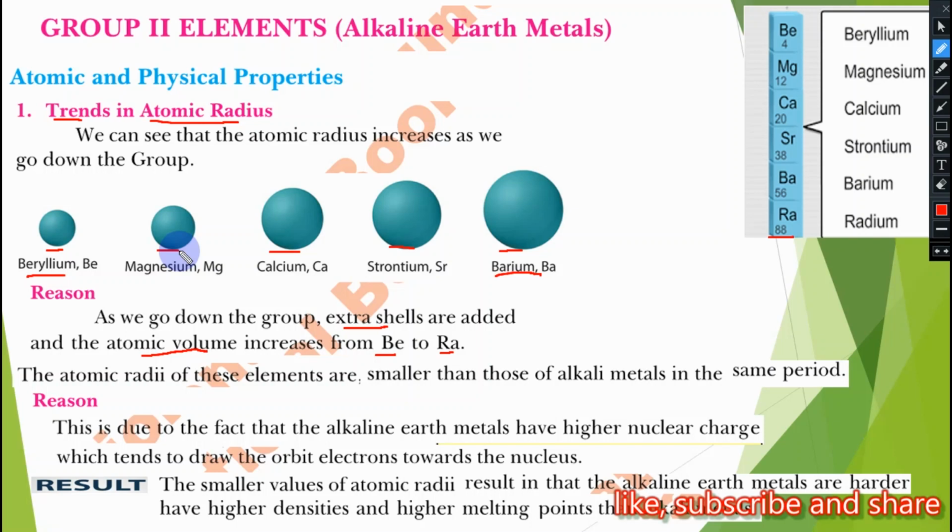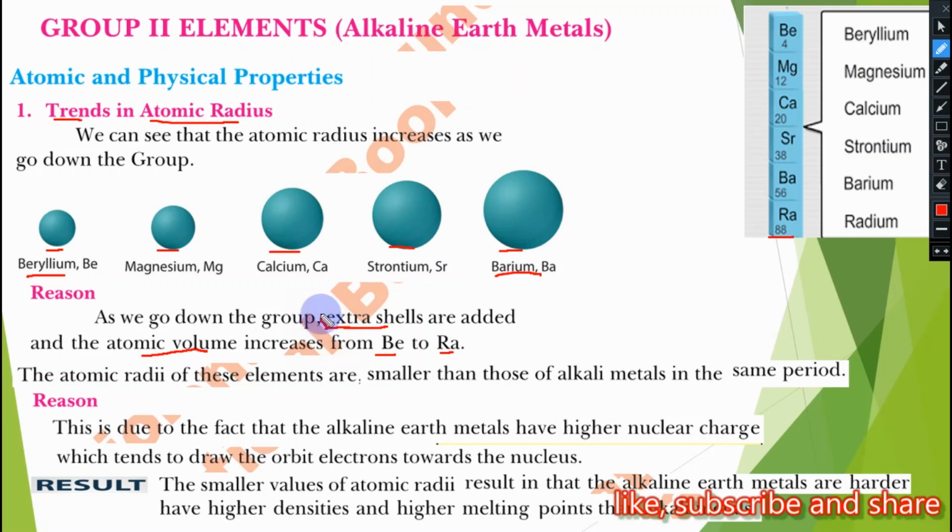So the third shell is the outermost shell of magnesium. Here one shell is extra compared to this one. Similarly, one shell is extra added here. As we go down the group, extra shells are added, which results in an increase in atomic size.